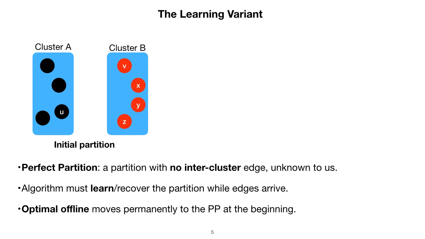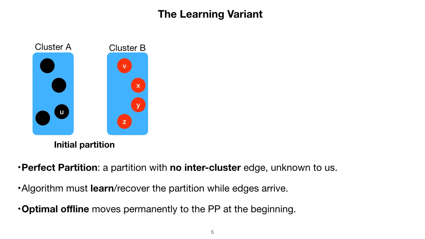In other words, no edge ever arrives between any two clusters if nodes are partitioned according to the perfect partition. This implies that in this special case, we assume input sequences that allow such a partition to exist. The perfect partition initially is not known to algorithms. The task of an algorithm is to learn or recover the perfect partition.